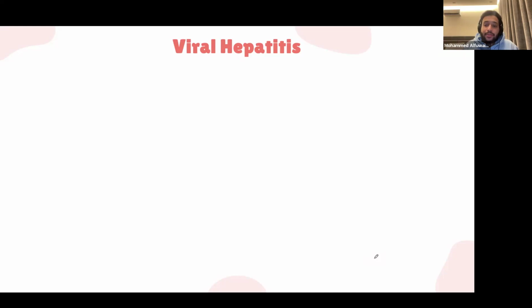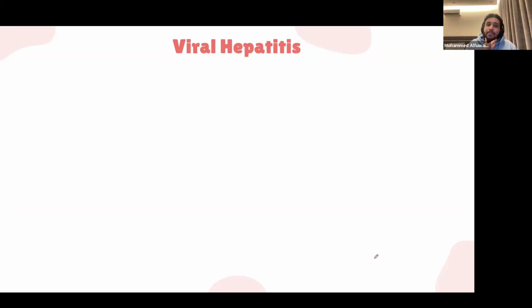So it requires what virus? It needs what virus? Hepatitis B, good. What does the hepatitis B give it? Surface antigen, good. So it can go into the hepatocytes, okay?